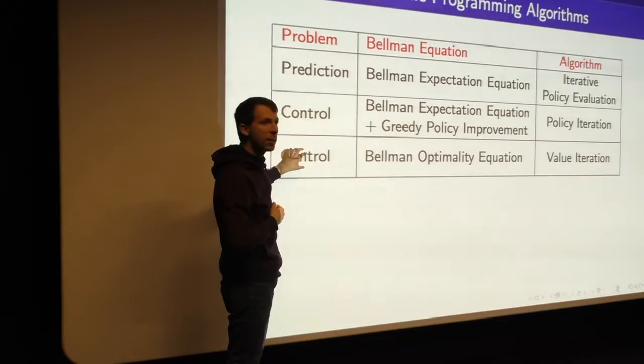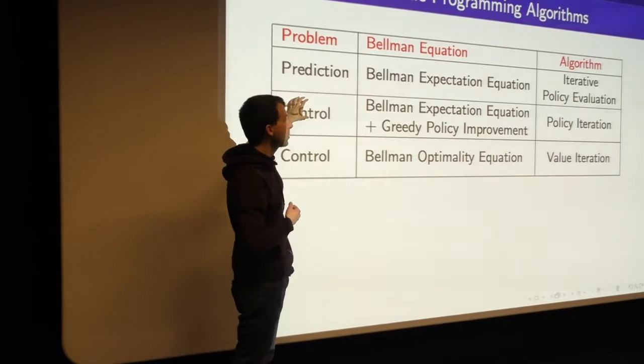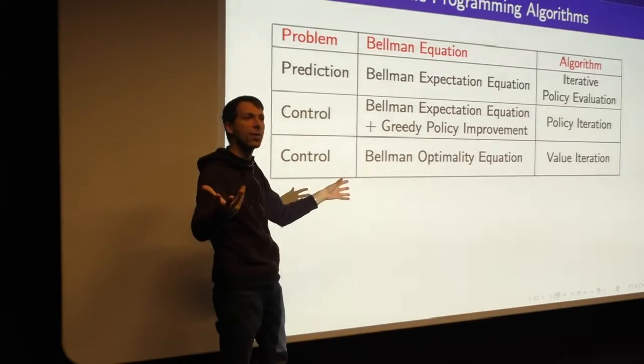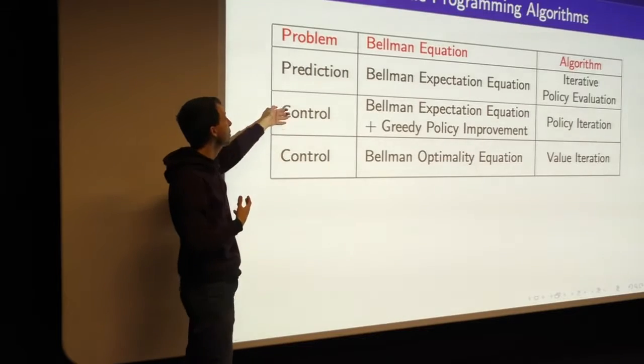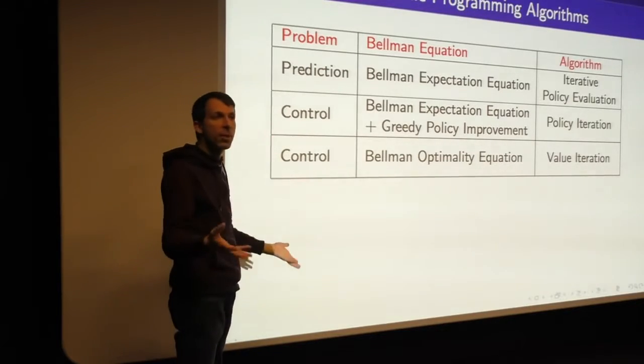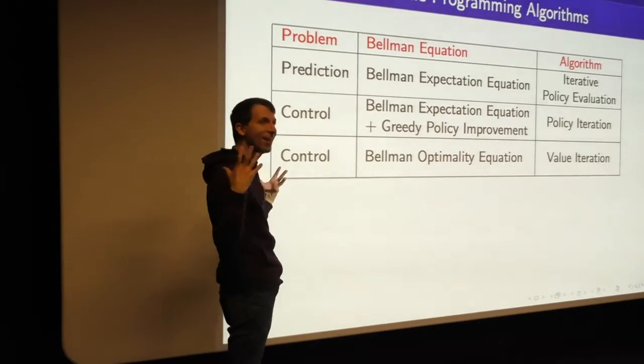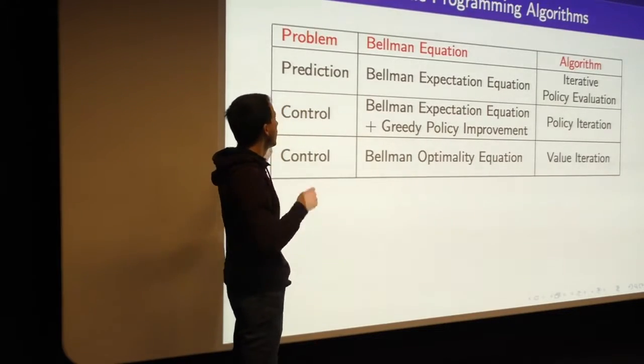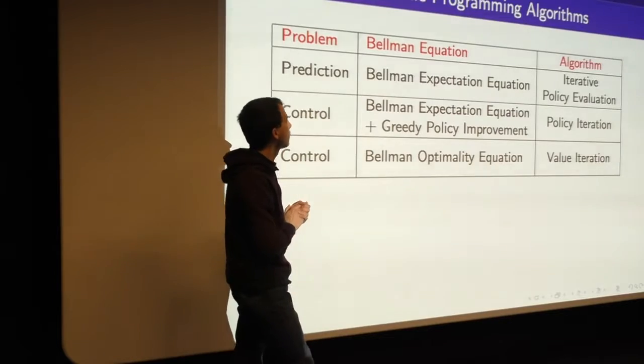Then we considered control. We considered two different ways to do control: first of all, using policy iteration, and secondly, using value iteration. These are two different families of algorithms that both address the same problem, which is how to get the most possible juice out of your MDP, how to maximize the total reward, how to find V star rather than V pi, and hence the optimal policy.